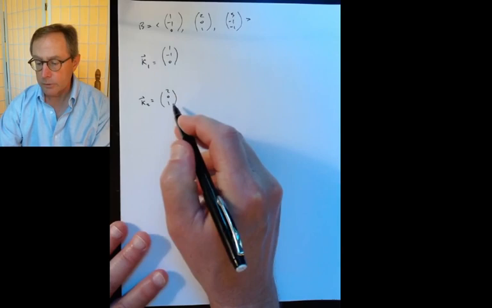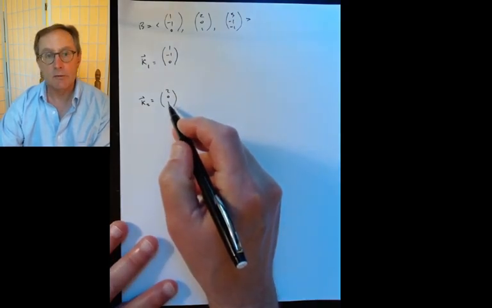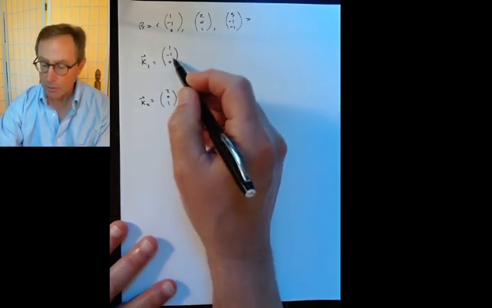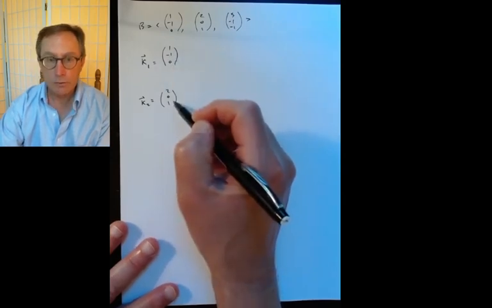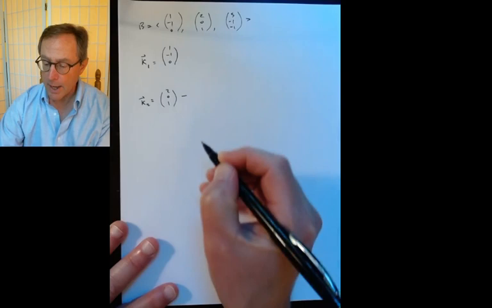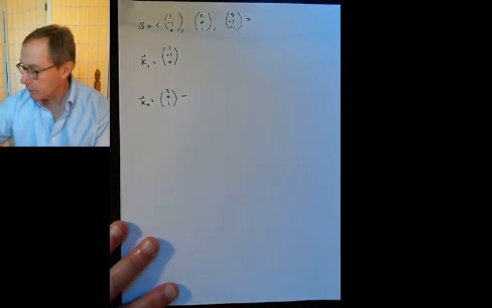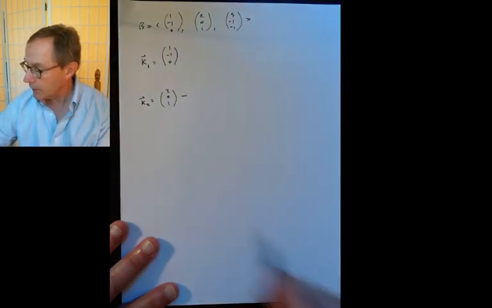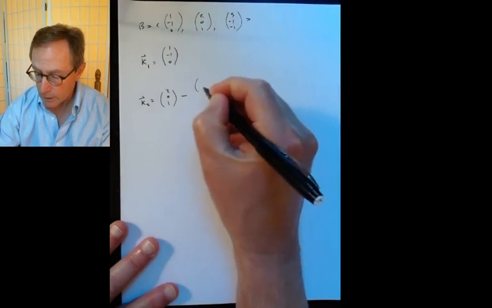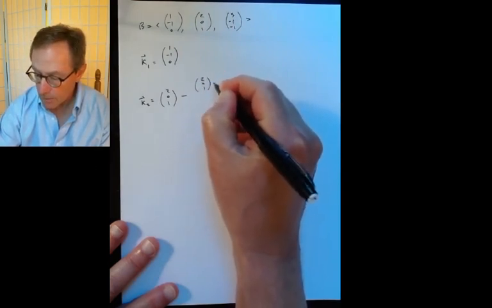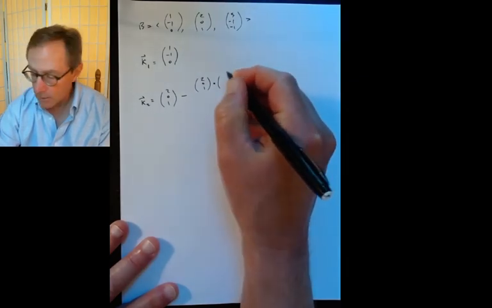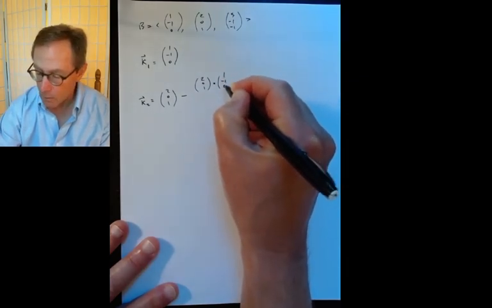but that won't do by itself because beta 2 has some component in the direction of kappa 1. So this won't do for kappa 2. Instead, we subtract away the part of beta 2 that is in the direction of kappa 1. So that's 2, 0, 1 dot producted with 1, minus 1, 0.